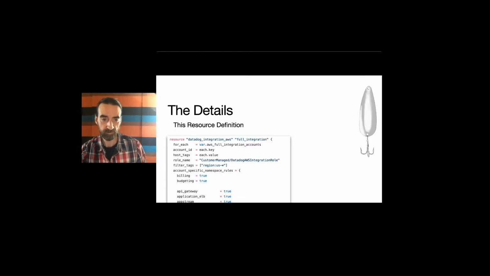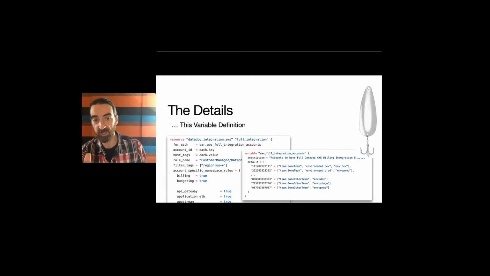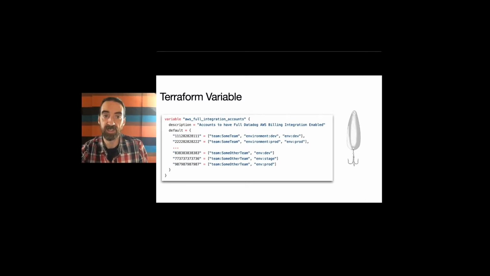To look at our resource here, with this variable here, it's one resource with one variable that can create all of the AWS integrations that we need in Datadog. If we wanted full integration, we have a few options of how to do this, but we could have all of them as full integrations, and this would do it right here. To look at the variable that we use for that, the variable is a map that has a list of all the AWS accounts that we want to use.